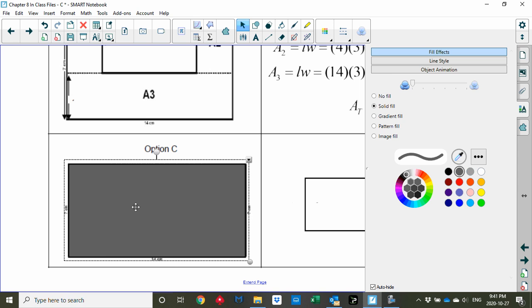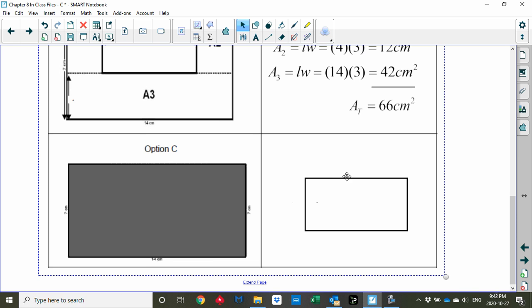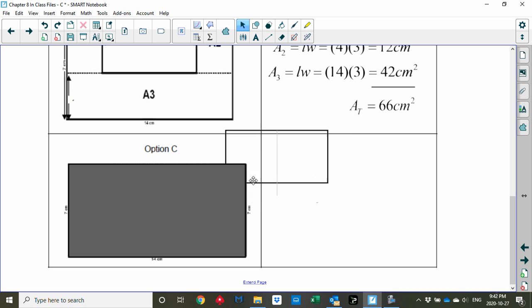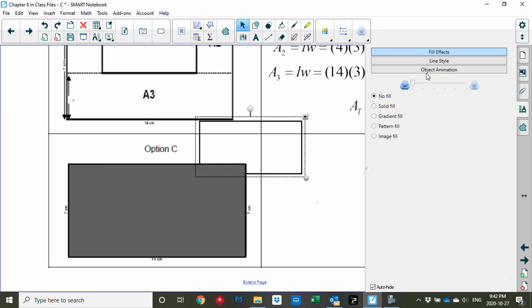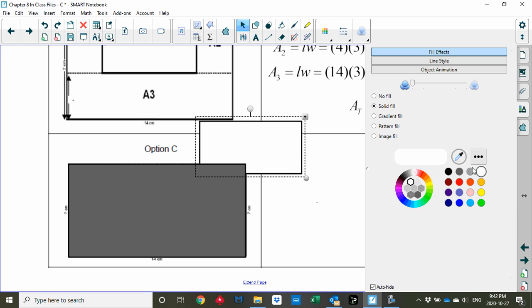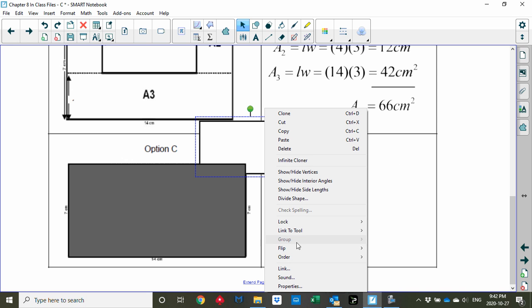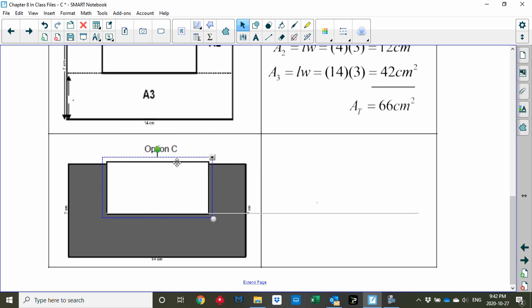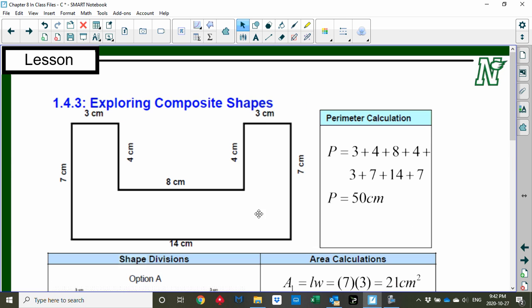So figure out the area of this real big rectangle. But then what we're going to do is we're going to figure out the area of this small rectangle, and I'm going to make sure to go and make this a solid fill of white, and I'm going to move this to the front. So when I bring this on top of the other one, I'm now going to put it here, and do you see how what's left is the exact same gray area as up here?